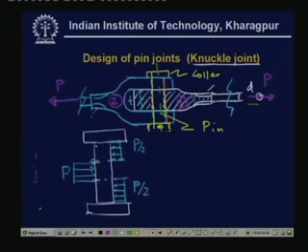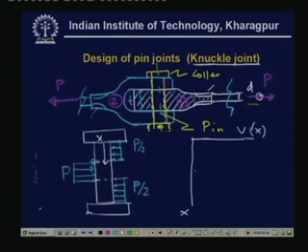Now you see, this is just like a beam which is subjected to transverse force. So we can draw various things like the shear force diagram. Let me draw the shear force diagram, V versus x, where x is the length along this pin. So let us measure this length x here.